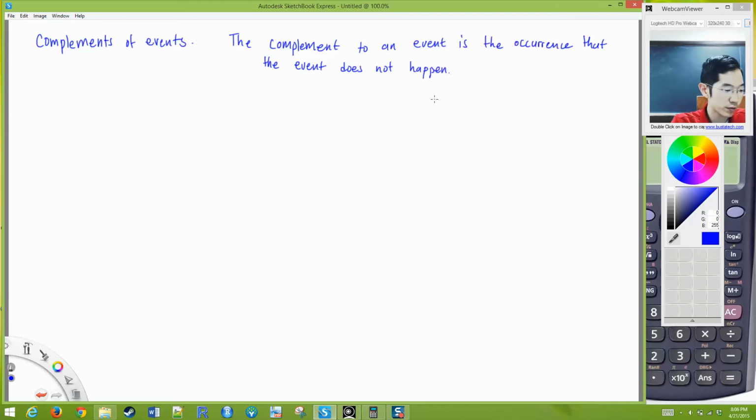Okay, and there are several ways we can write complements. So if we have some event A, the complement of A is A C or not A, or sometimes A prime, okay, A apostrophe kind of.